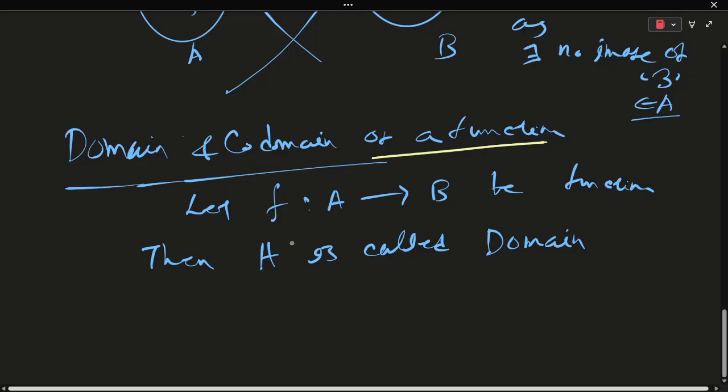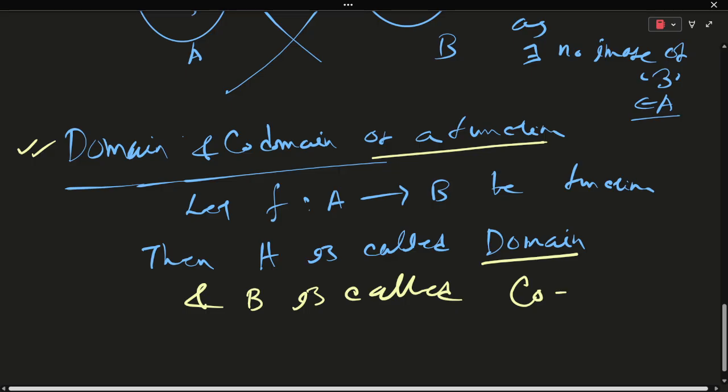Now, this is another important thing. This is the domain, and B is called codomain. B is called codomain.